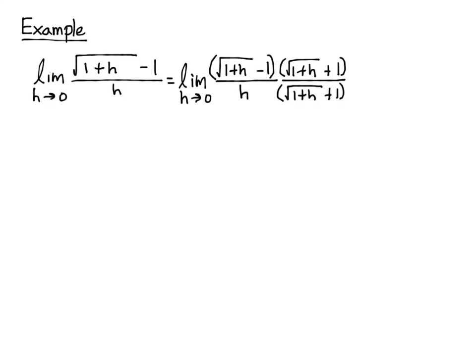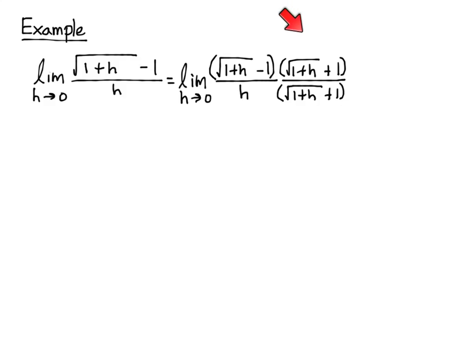Look at that, square root of 1 plus h plus 1. As h goes to 0, that's going to actually be a non-zero number. So remember how conjugates work when you take the square root of 1 plus h minus 1 times the square root of h plus 1.